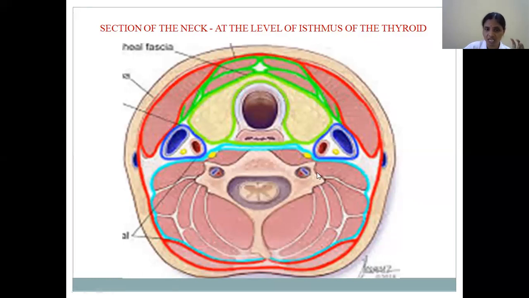But what is the other important function of this fascia, and why is it forming the facial compartments? As the superficial fascia gives little resistance to the spread of infections, there must be a resistant layer to prevent these infections from spreading into the deeper aspect of the neck. This is the main important function of the deep fascia.